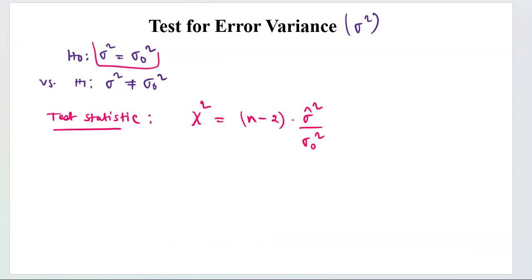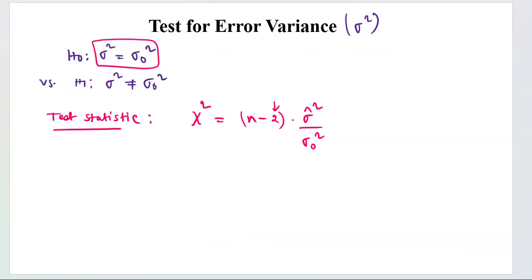Test statistic, please remember, is always computed on the assumption that the null hypothesis is true. So we are substituting the null hypothesis value here. So chi-square, this is n minus k. It is n minus 2 here, because we have two parameters. K is the number of parameters estimated. So here we have only two parameters, alpha and beta.